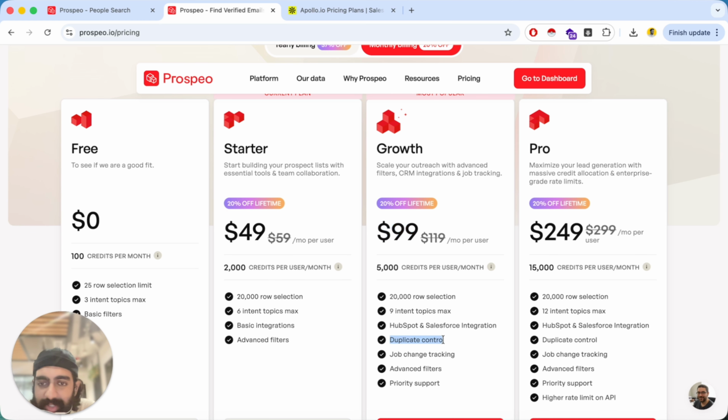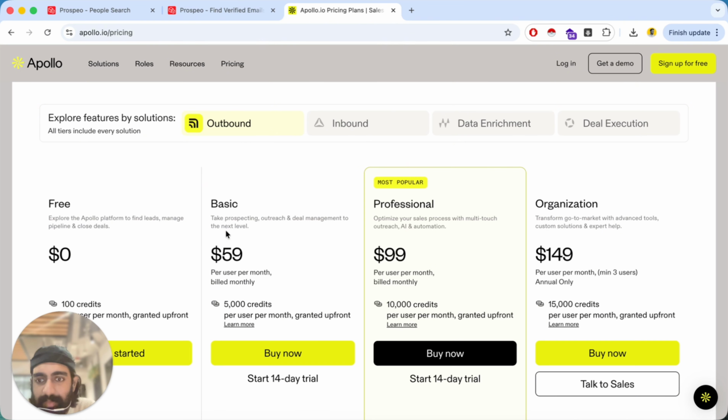This is the most important thing which makes you subscribe for the $99. I think you have to go for the $99. Even I am having trouble doing duplicate control myself in this $49 package. I'm definitely going to go for $99, but this is a big thing that changes you from this package to this package, other than the credits.